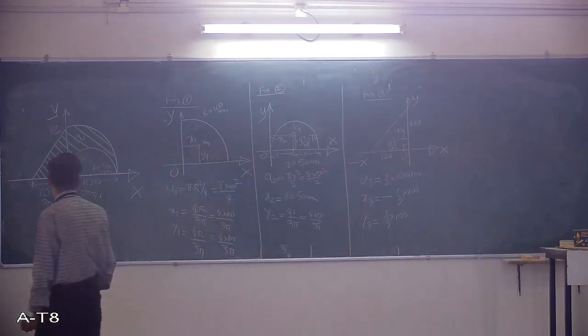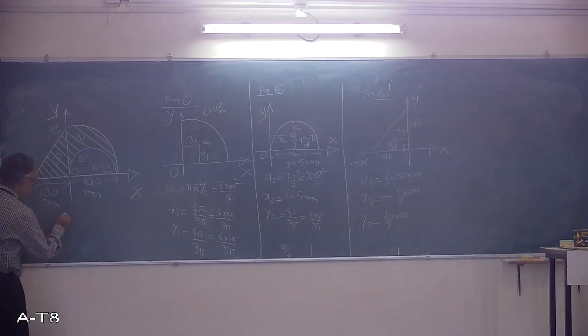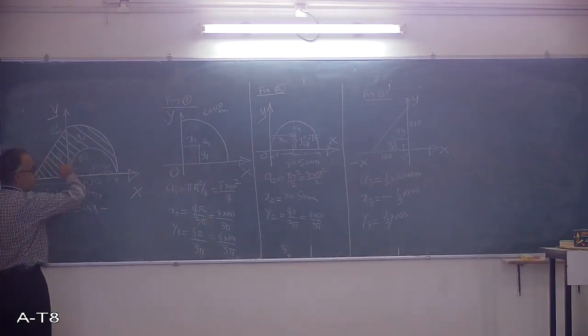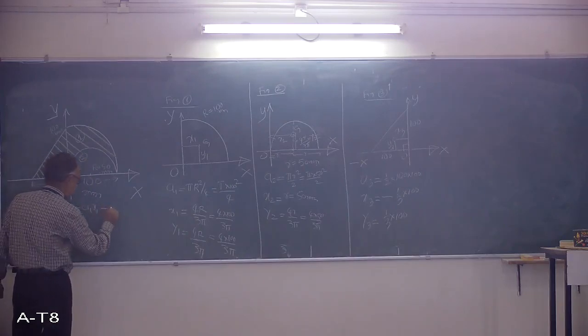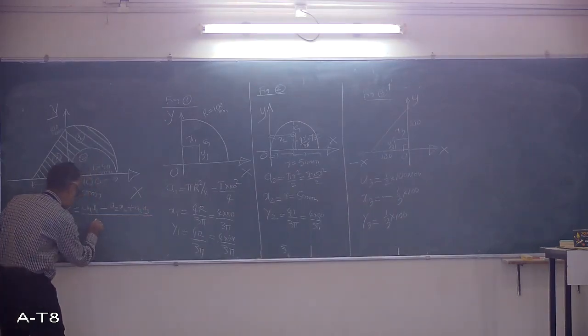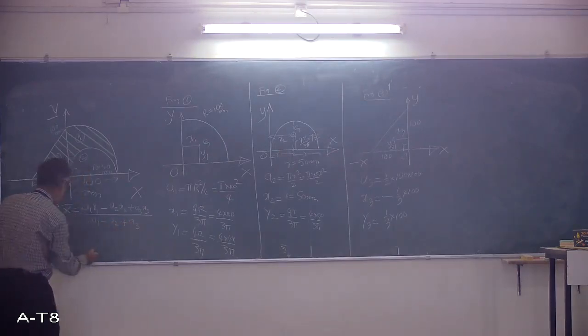Then when I write an equation for x bar, x bar is equal to a1 x1 minus a2 x2. Why? Because the semicircle is not shaded. Minus a2 x2 plus a3 x3 because the triangle is shaded, divided by a1 minus a2 plus a3.